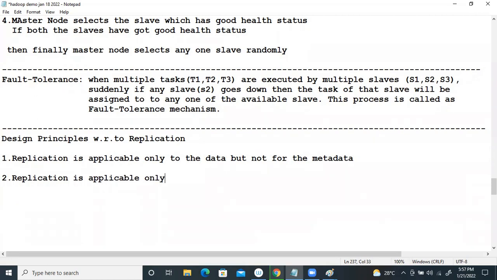Replication is applicable only within the data nodes, but not within the name node.